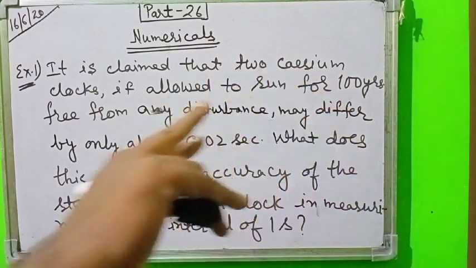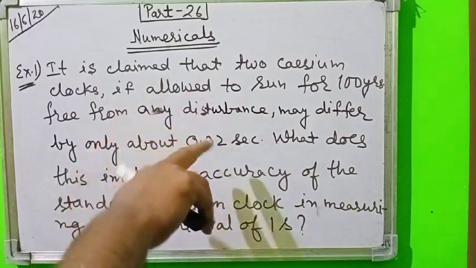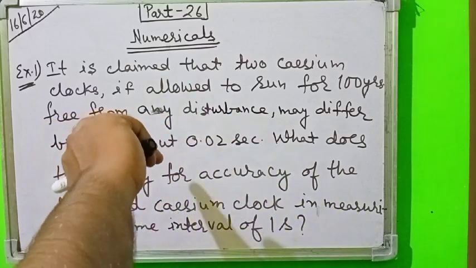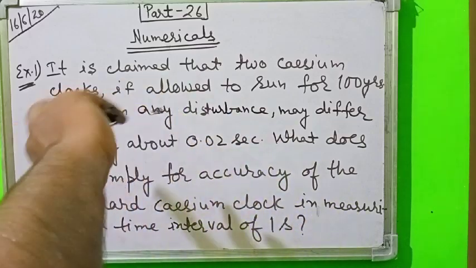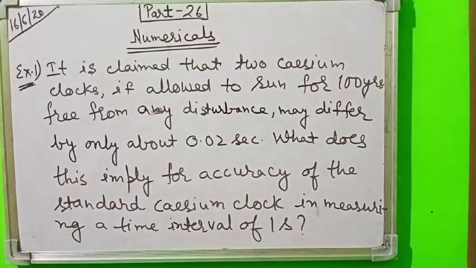After both the clocks run for 100 years, they differ. The difference between the readings of both the clocks is 0.02 second. What does this imply for the accuracy of a standard cesium clock?